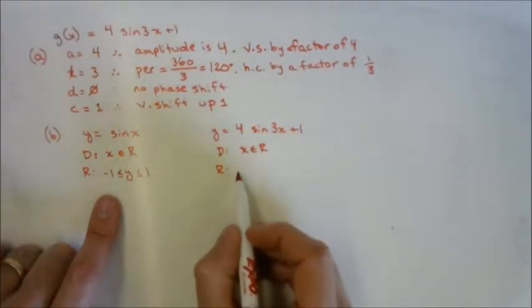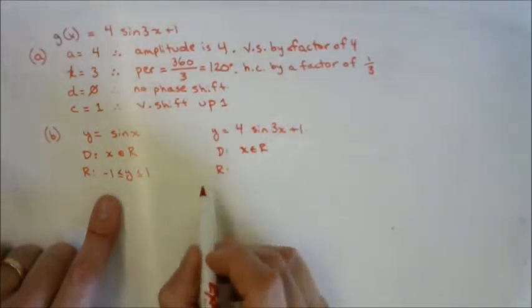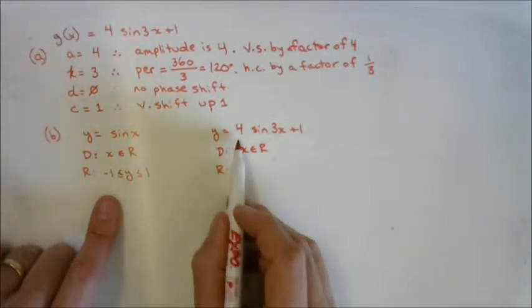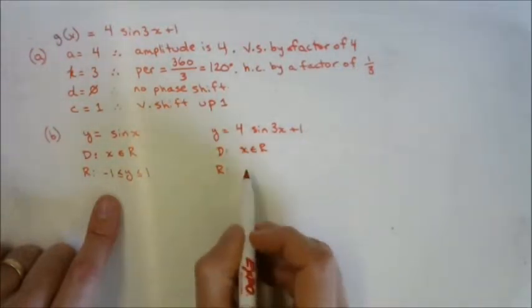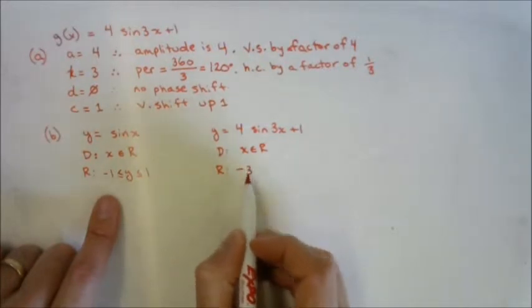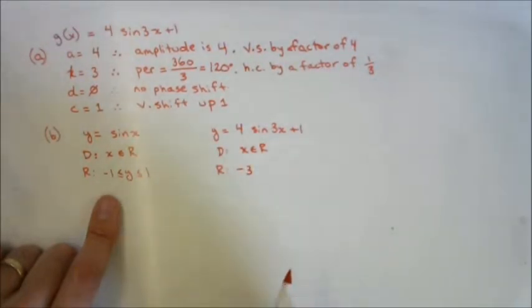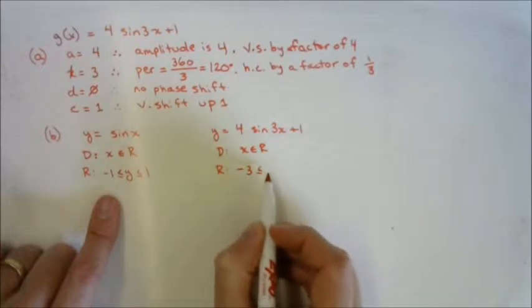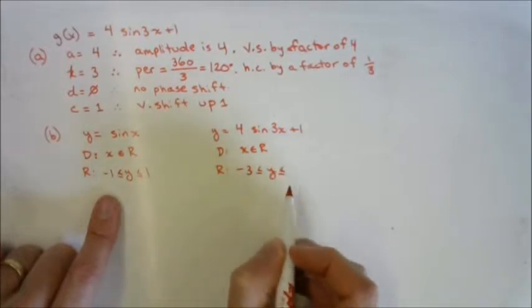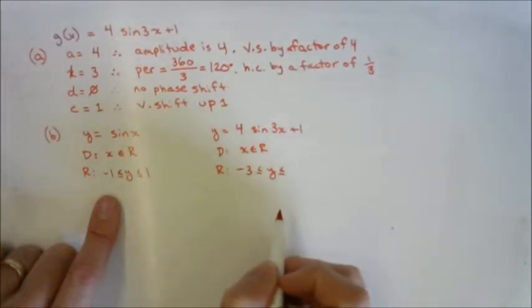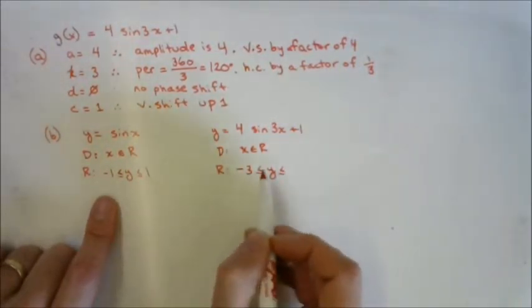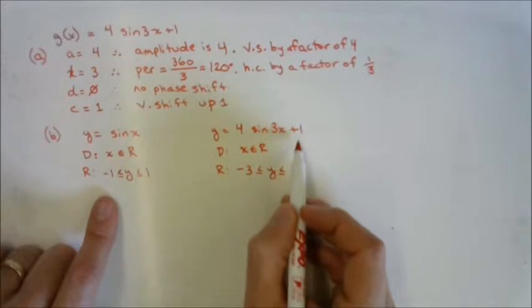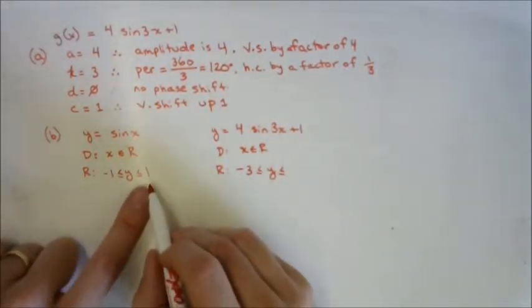So what's our new minimum? At -1, we're going to stretch it by 4, and then move it up 1. Yeah? That's your new minimum? Would it be negative 4? Because we stretched negative 1 times 4, which is negative 4, and then we move the whole thing up 1. Makes sense. Maximum, it was 1.